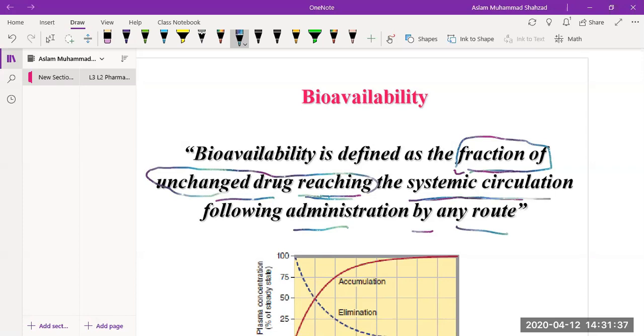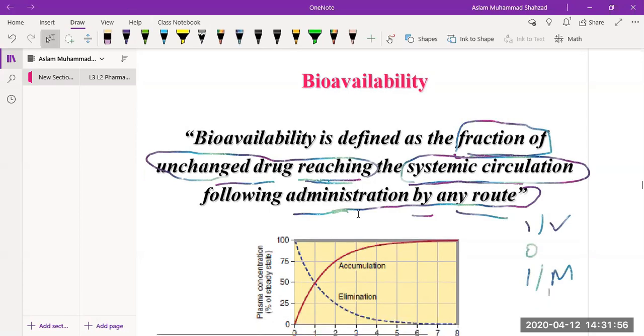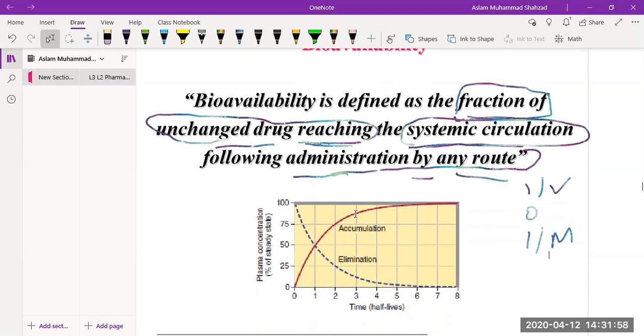Second half, systemic circulation, using the blood, following administration of drug by any route like intravenous, oral, intramuscular, is known as bioavailability.